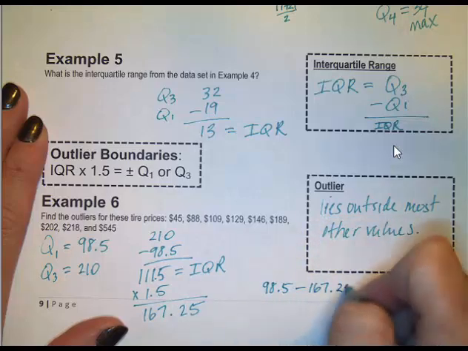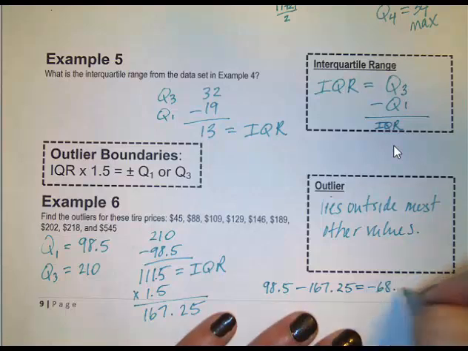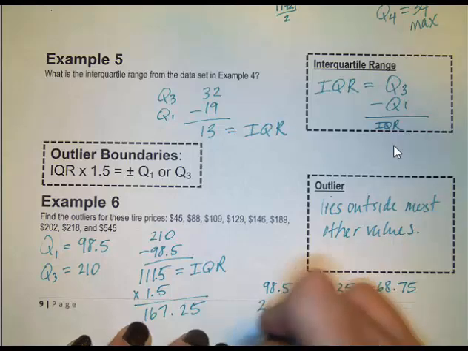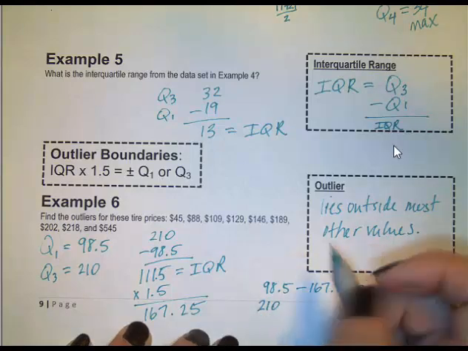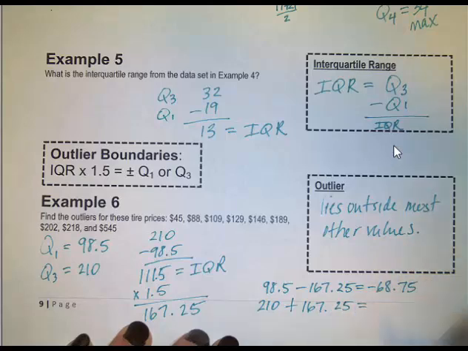That gives me my lower boundary, which is negative 68.75. And then I have to take quartile 3, and I have to add it to quartile 3. And I end up with 377.25.